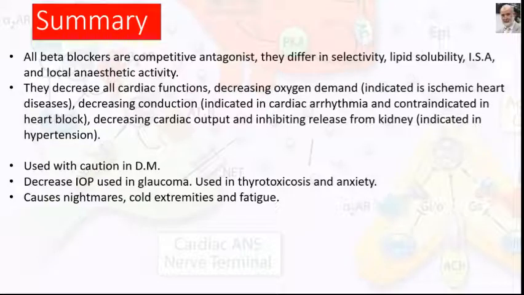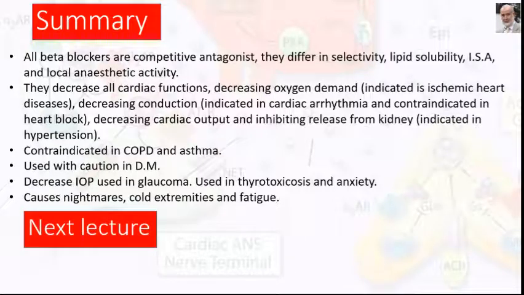All beta blockers decrease cardiac function, decreasing oxygen demand, therefore they are indicated in ischemic heart diseases. They can decrease conduction, therefore they are indicated in certain types of cardiac arrhythmia. And they can decrease cardiac output and inhibit release of renin from the kidney, therefore they are indicated in hypertension.